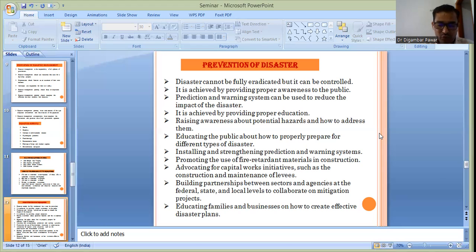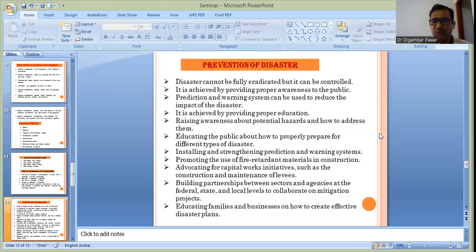With the help of a lot of technology, we can monitor the behavior of cyclones, such as the intensity and direction of cyclones. Therefore, there is a need for installing and strengthening prediction and warning systems, promoting the use of fire retardant materials in construction, advocating for capital works initiatives such as the construction and maintenance of levees, building partnerships between sectors and agencies at the federal, state, and local levels to collaborate on mitigation projects.